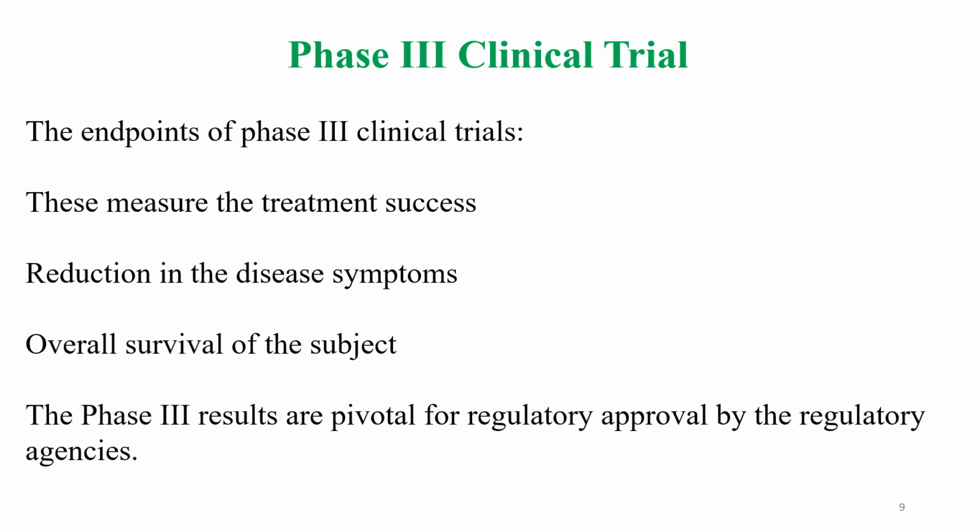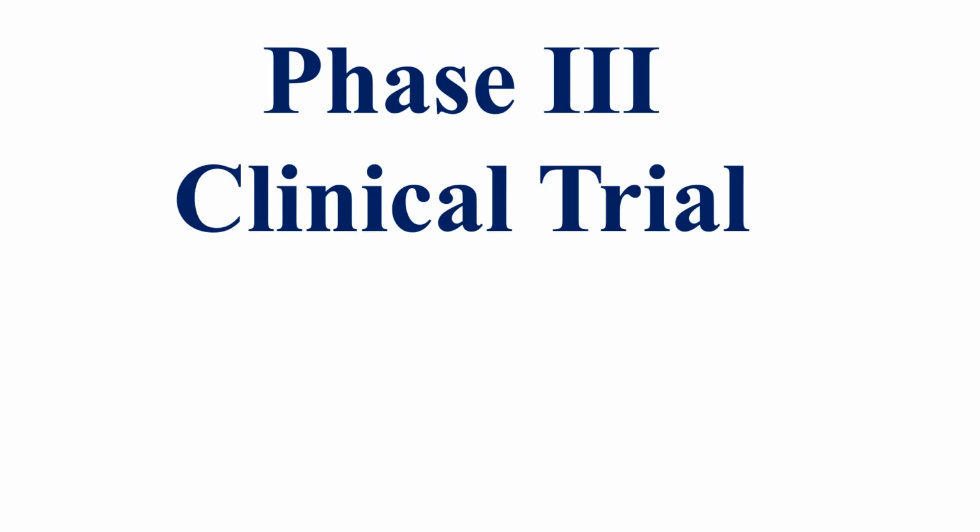The phase 3 trials are the pivotal studies for regulatory application and approval. So, in the phase 3 clinical trials, the safety and efficacy are demonstrated based on the clinical endpoints like improvement in the disease condition, reduction in the disease symptoms, and improvement or increase in the overall survival of the subjects.